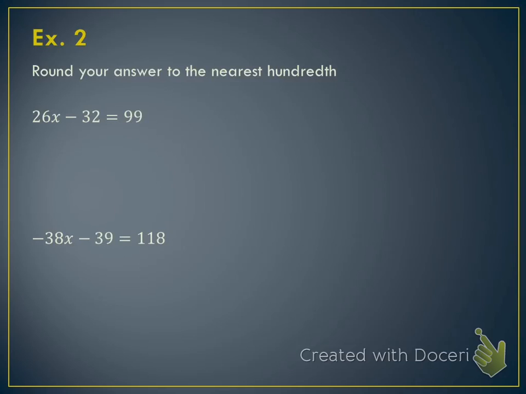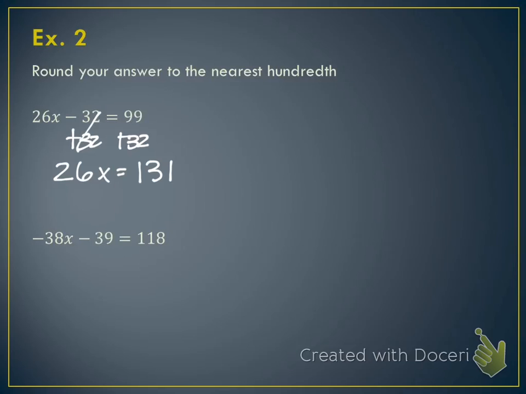Okay? We are going to add 32 to both sides first because I need to combine like terms. So we add 32 to both sides. Then what's 99 plus 32? 131. So I have 26x is equal to 131.